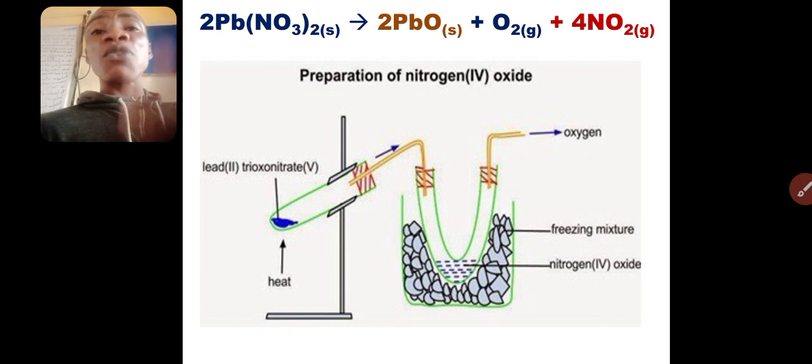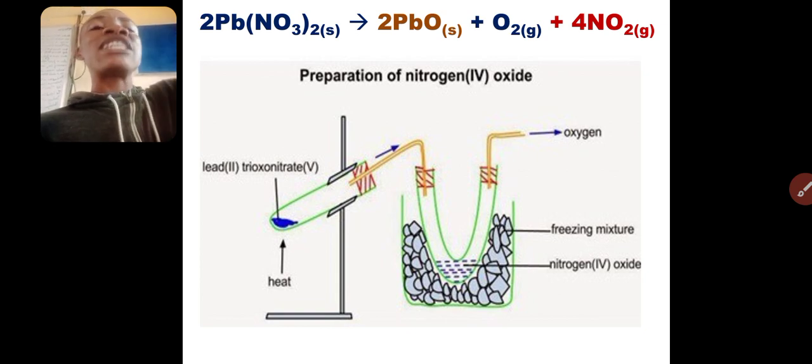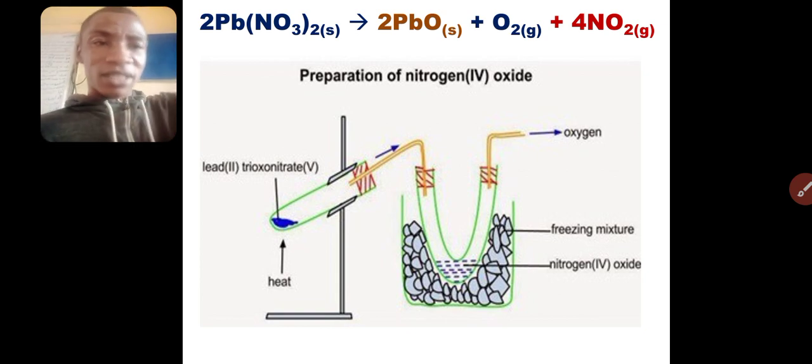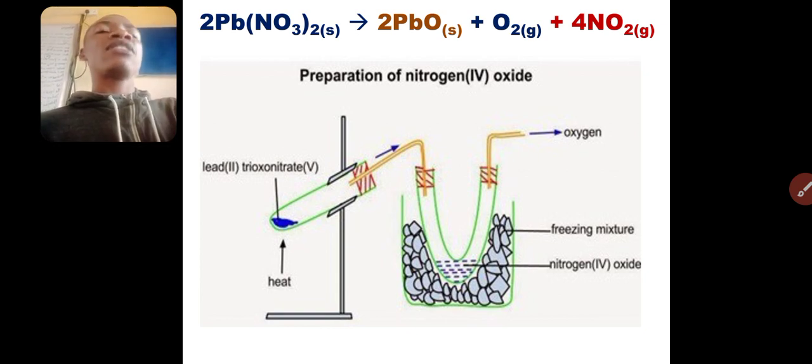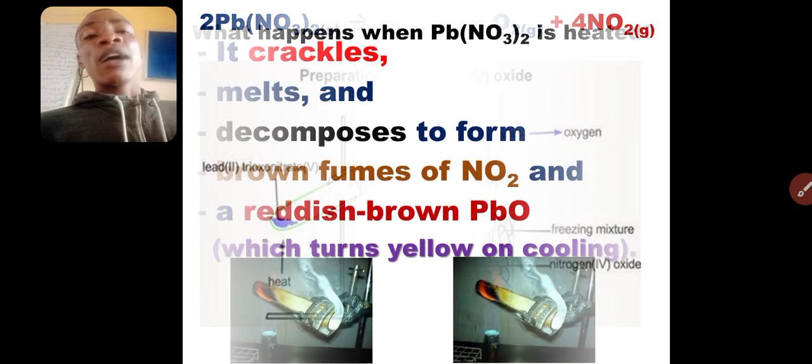Since it will not easily liquefy, you need a very low temperature, minus 183 degrees Celsius, to even begin to think about liquefying oxygen. So it will not liquefy in a freezing mixture, but NO2 can easily turn to liquid in a freezing mixture. That freezing mixture will trap NO2 gas as a liquid, whereas the oxygen gas will just go out of that U-tube.